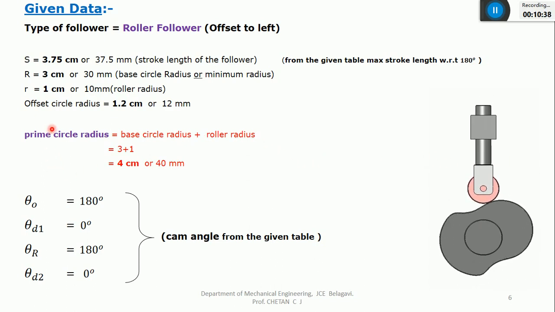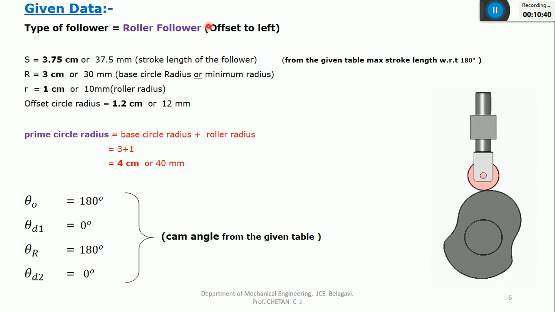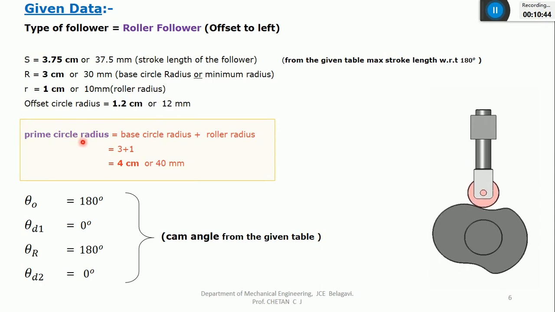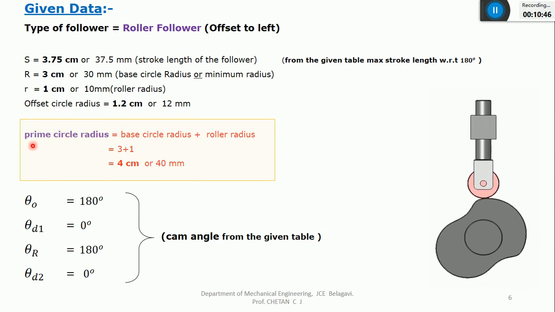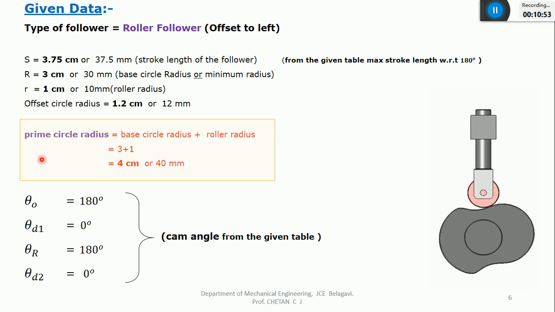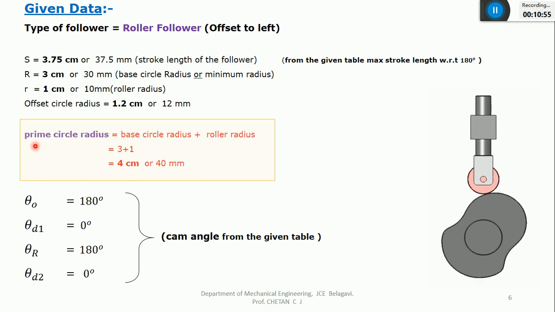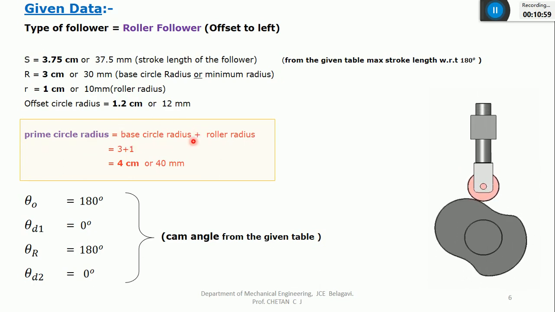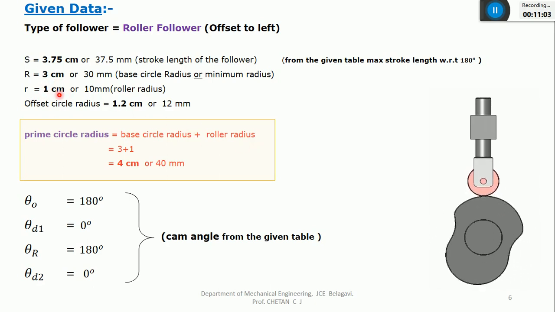And one more thing is, as I said, whenever the kind of follower is a roller follower, there is one more circle that will come. That is nothing but the prime circle. This comes into the picture only when the follower is of a roller type. As I said in the previous problem, the prime circle radius is the summation of the base circle radius, that is 3 centimeter, plus the roller radius, that is 1 centimeter. 3 plus 1, that is 4 centimeter.